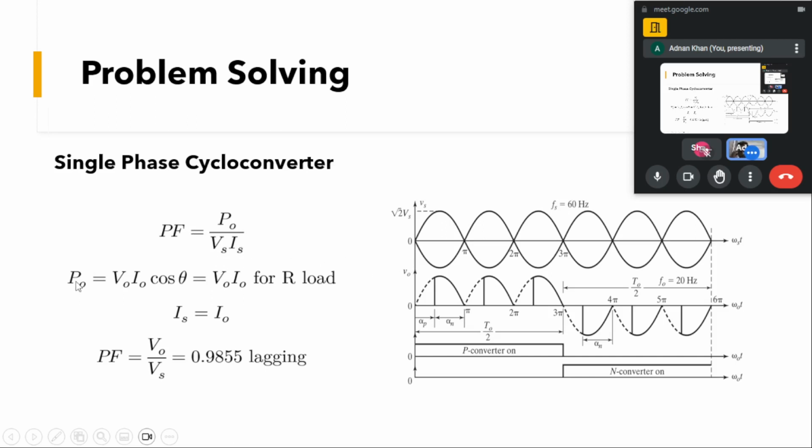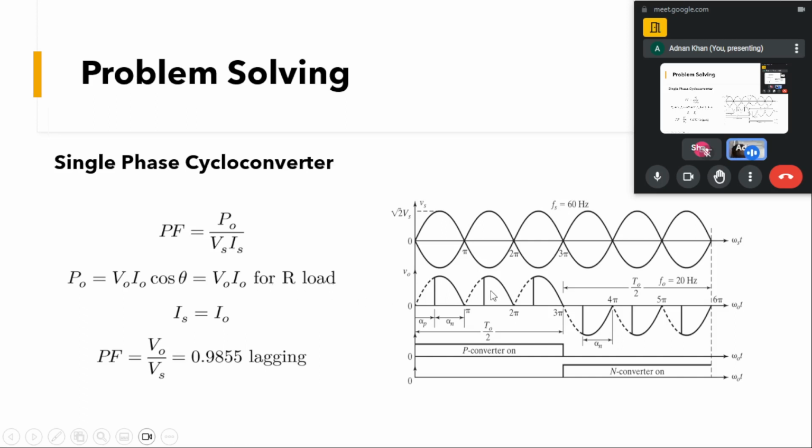P out will be equal to V out into I out into cos theta, where theta is the phase between the voltage and the current. But since the load is resistive, cos theta will be equal to 1. So P out will be equal to V out into I out for our load.